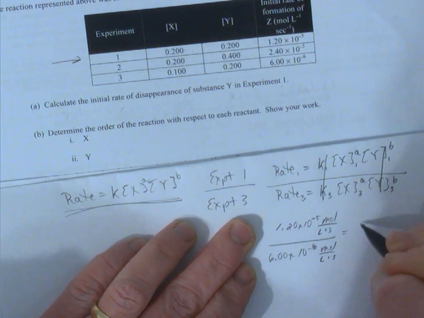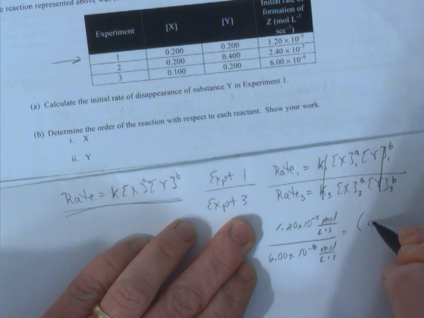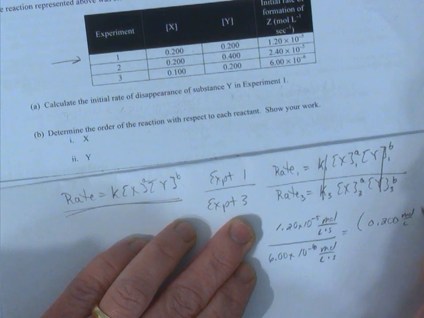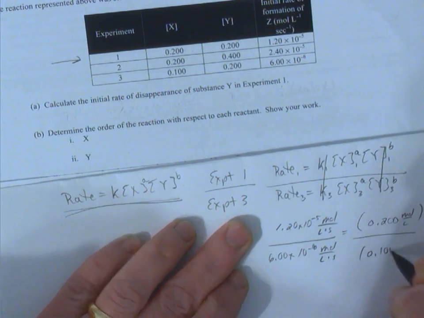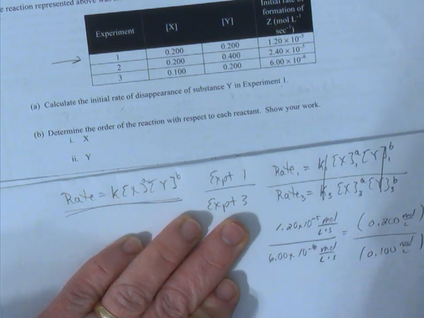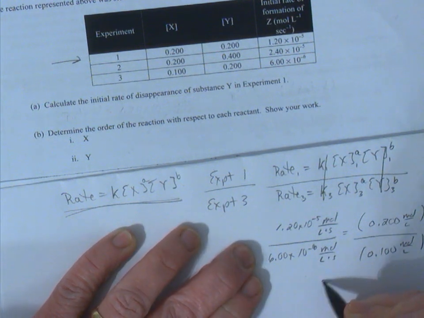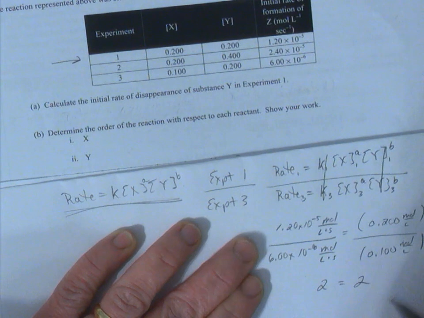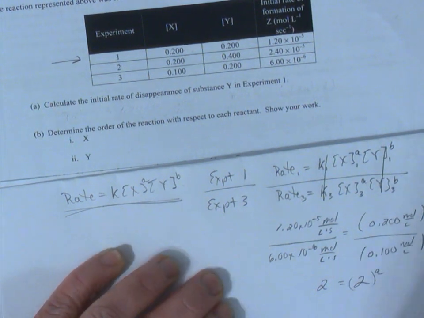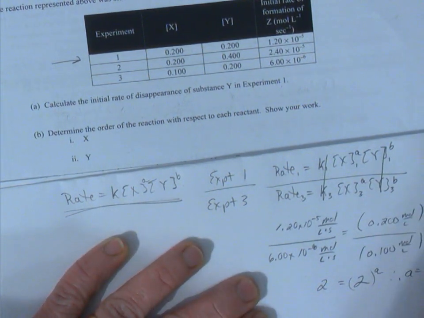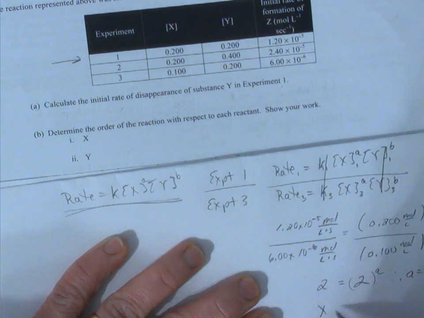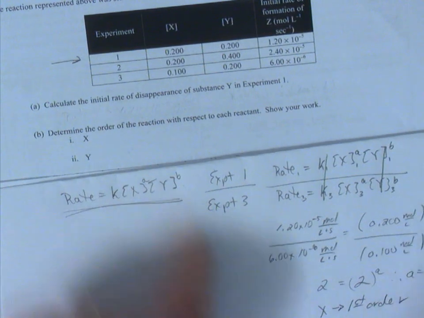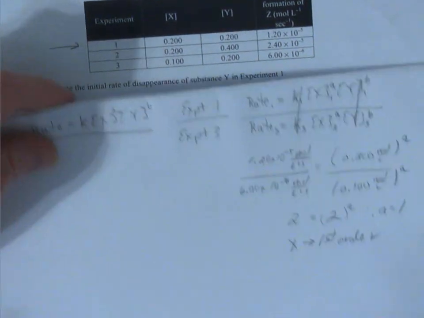And that is equal to 0.200 mole per liter over 0.100 mole per liter. And what I get is 2 equals 2 to the a power, therefore a equals 1, and X is first order. That would be sufficient work to show.